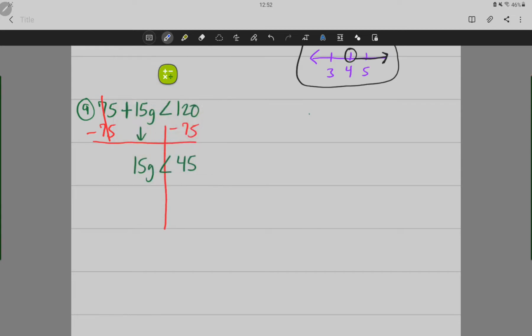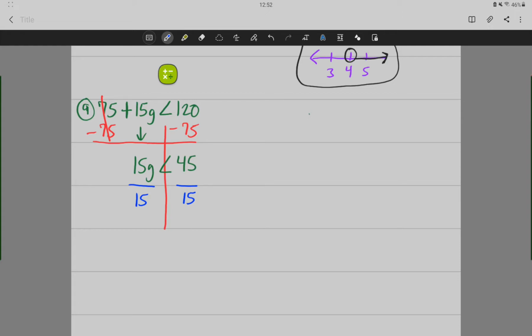And now what operation do we see? We see multiplication. It says 15G, which means 15 times G. The inverse or opposite of multiplying is dividing. And we divide by the coefficient on both sides. Remember, coefficient is just a number in front of the variable that's multiplying it.